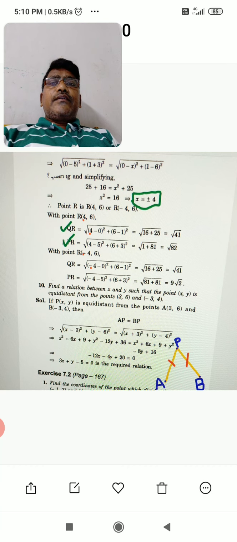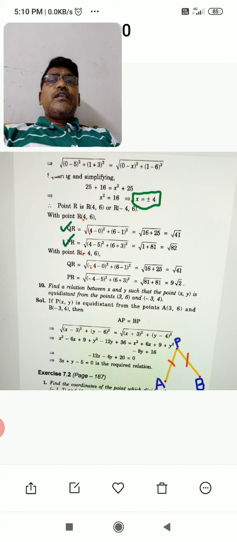For the QR side, we also use the distance formula. x1 is 0, x2 is x, so 0 minus x whole square plus y1 minus y2, y1 is 1, y2 is 6, so 1 minus 6 whole square. Minus x whole square is x square, and 1 minus 6 is minus 5. Again minus becomes plus.